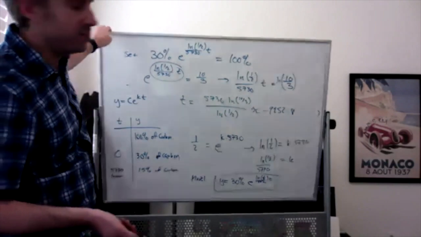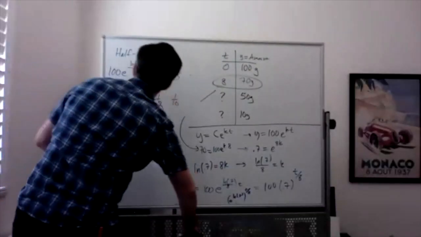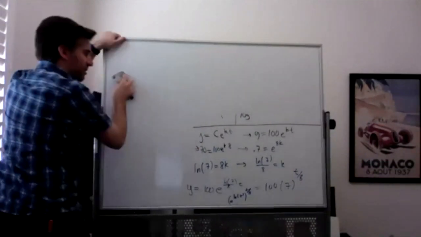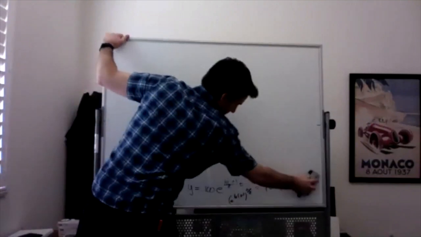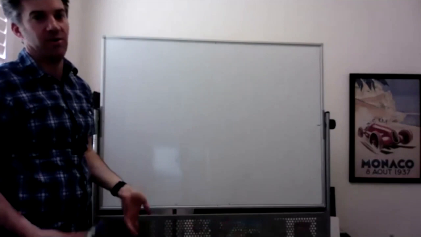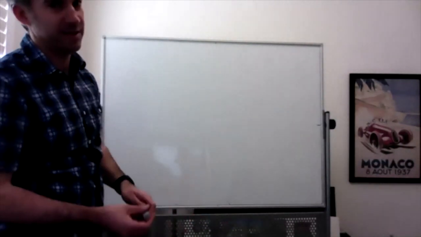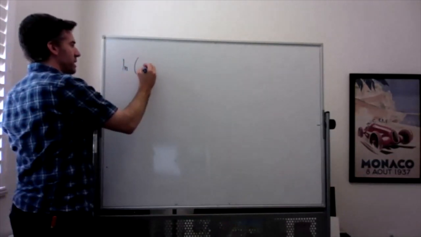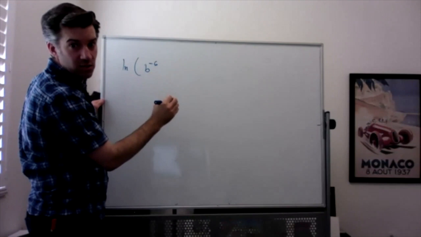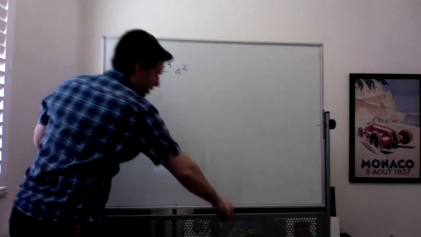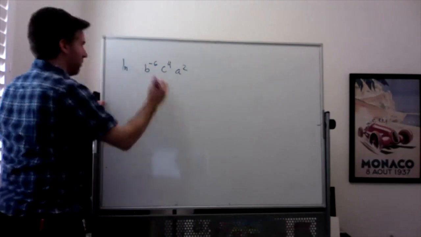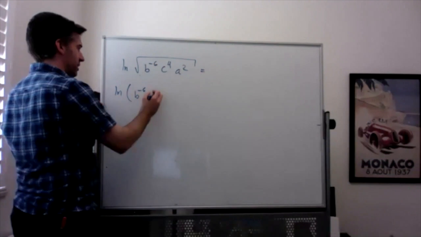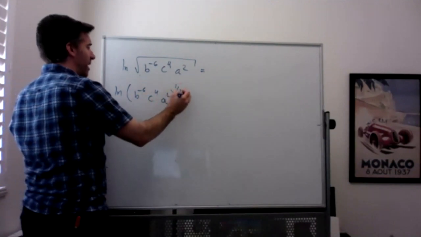So, okay. There's a couple ways you can tackle it. I'm going to say that a lot in this class probably. It is generally true that when you have a problem, there's often a couple ways you can tackle the problem. That's just going to be a truism. So we've got the natural log of the square root of b to the -6, c to the 4th, a squared, which is the natural log of b to the -6, c to the 4th, a squared to the 1/2 power.